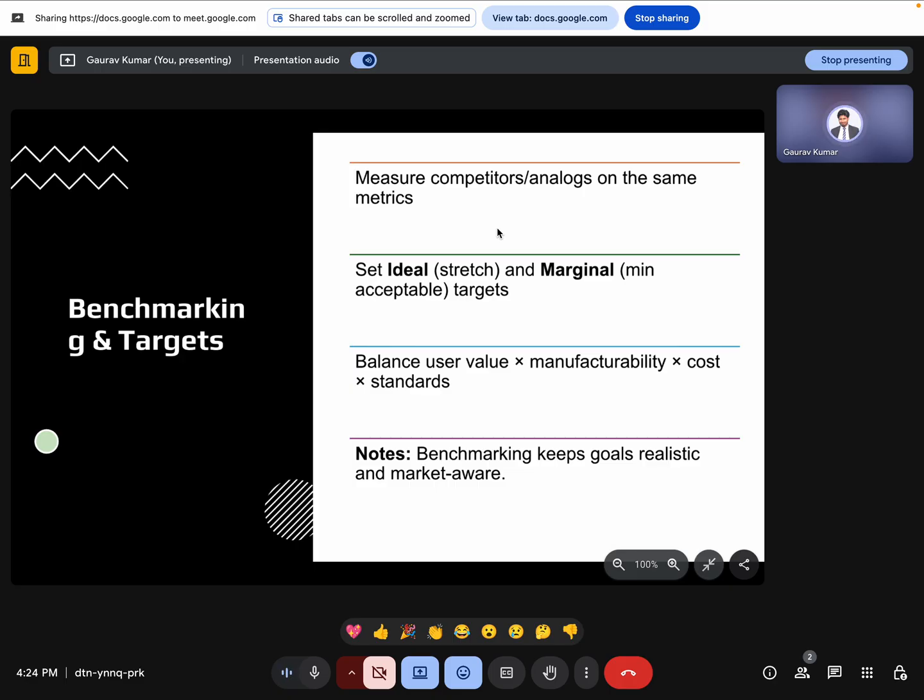For example, for a 6 kg slip angle on wet tiles, we might aim for at least 18 degrees ideal and 15 degrees minimum. For handle pressure at a 30 newton grip load, we might aim for 25 kilopascals ideally and 35 kilopascals as the limit. So benchmarking converts aspirations into data-backed goals, right?